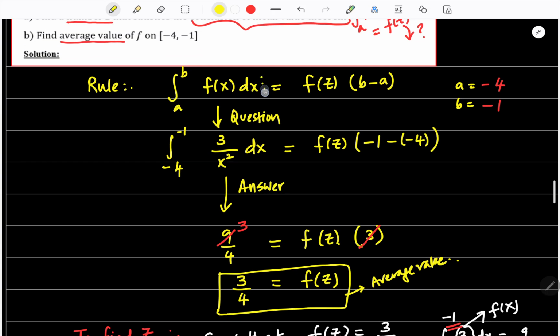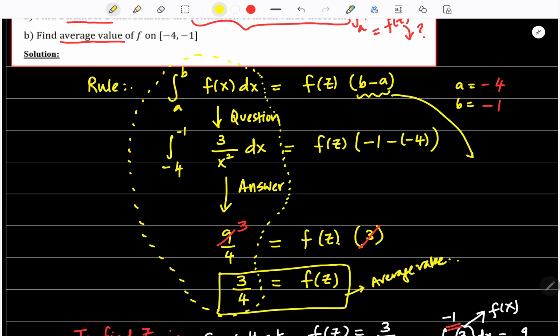The same part we worked out, everything. What are we getting? So this is going to become your average value. What is the formula? 1 divided by b minus a, right? So from this formula, you directly write it. Let me write here.